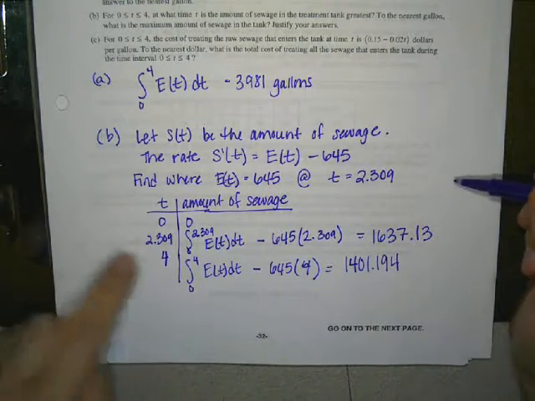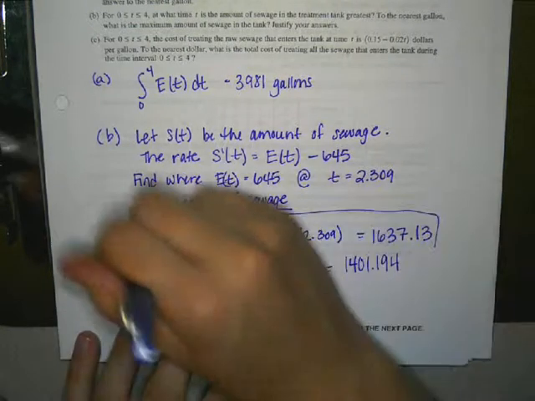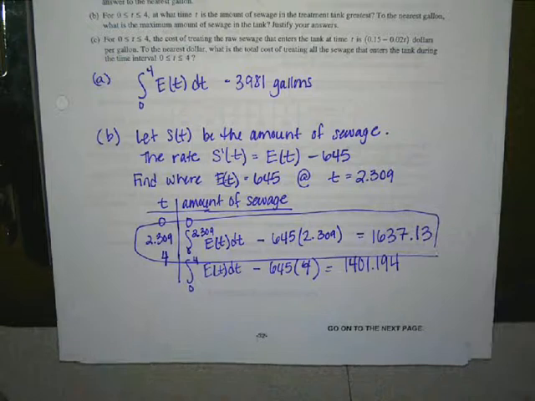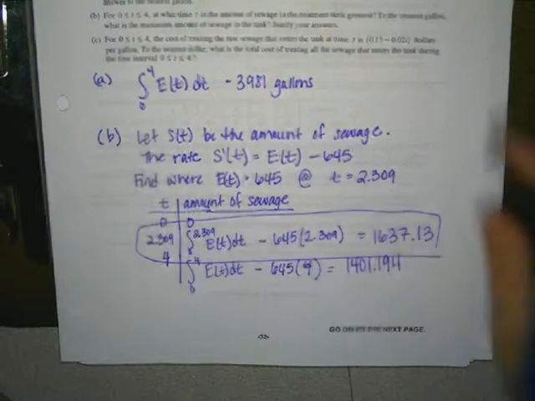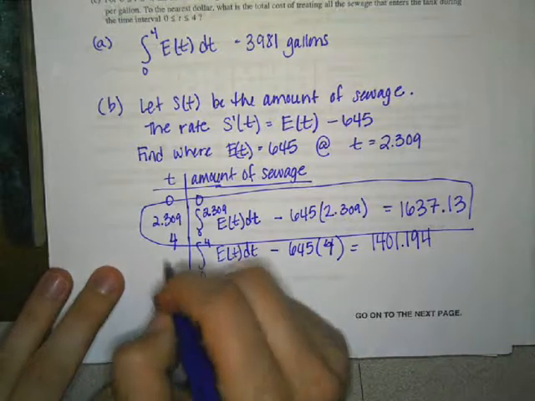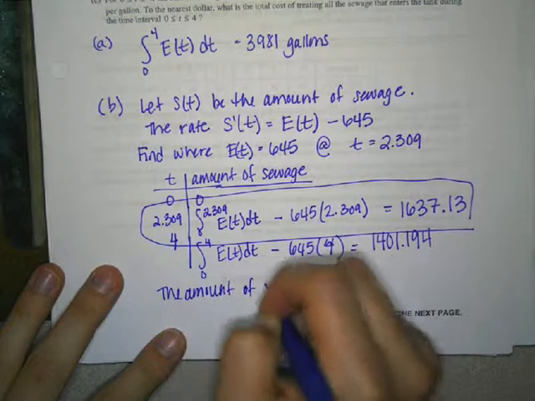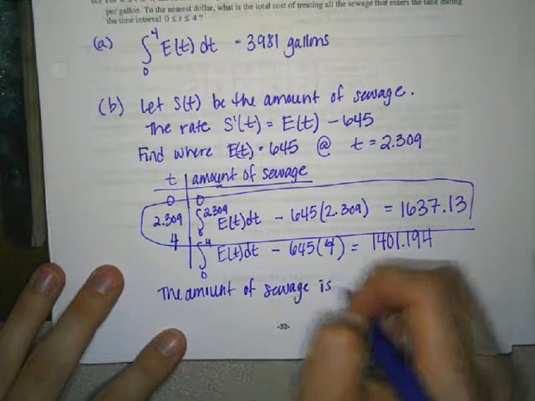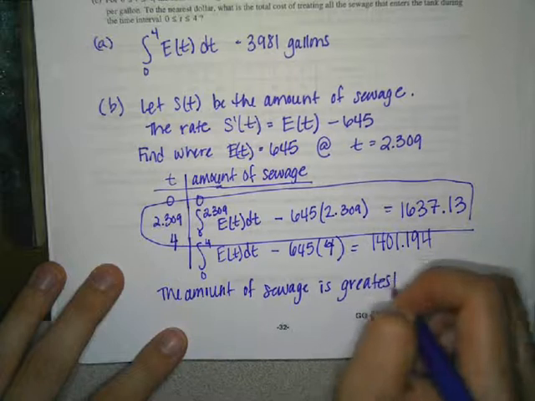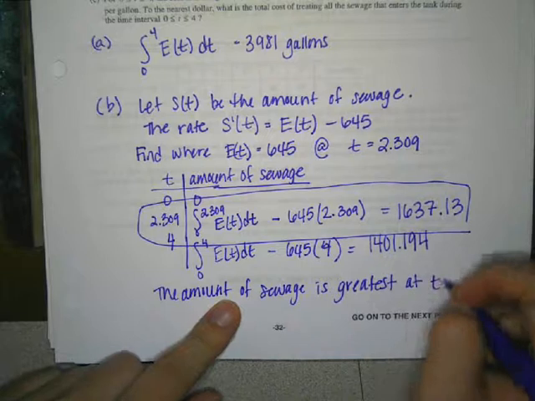But if you just check that and it ends up being the one that has the maximum amount, they'll give you your answer point. And I think it tells you to justify your answers. So basically you just have to write that in words. That the amount of sewage is greatest, because they ask you 2 things. They ask what time is the amount of sewage greatest, so you have to identify if the amount of sewage is greatest at time equals 2.309, and that's hours, right?